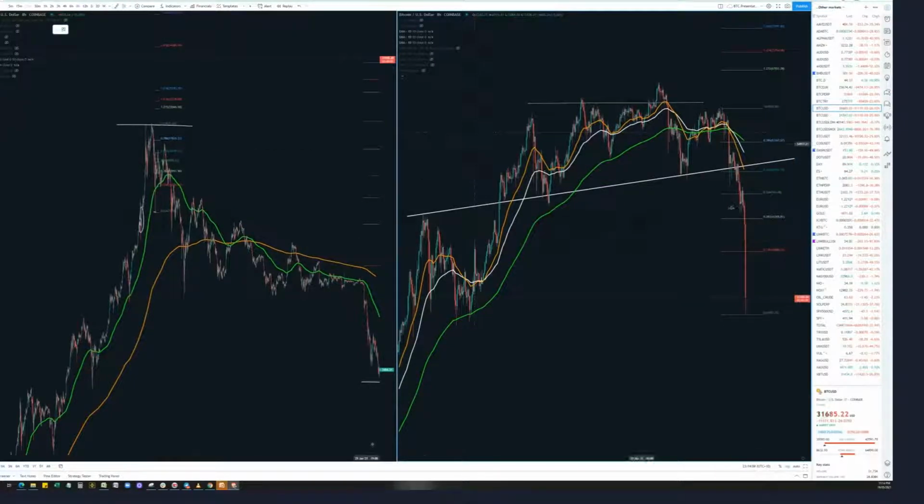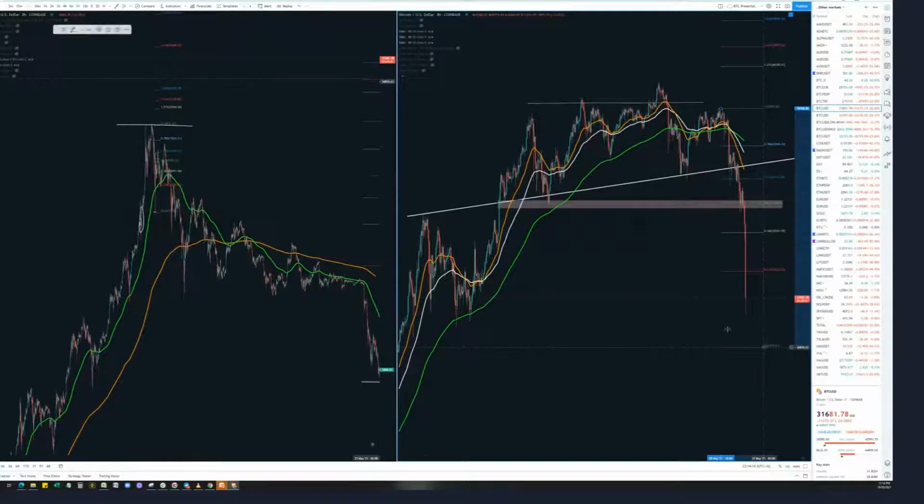I could be wrong, but this area would be an area of resistance for me. I don't think it could bounce past that. So the 0.5 might be... this might have to go down a bit more to get the 0.5. So if I write, that could be the 0.5 area.